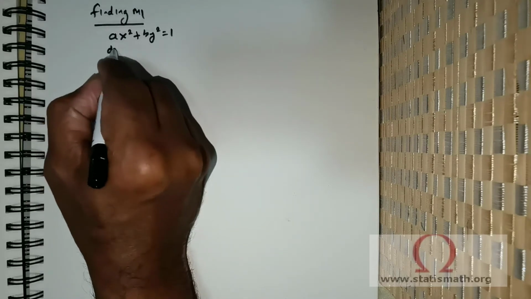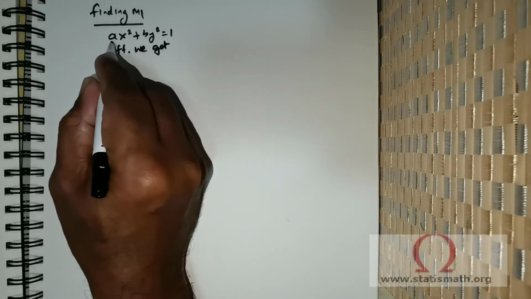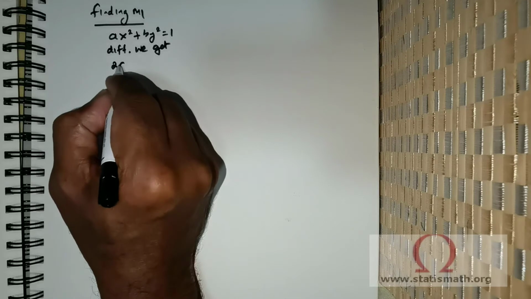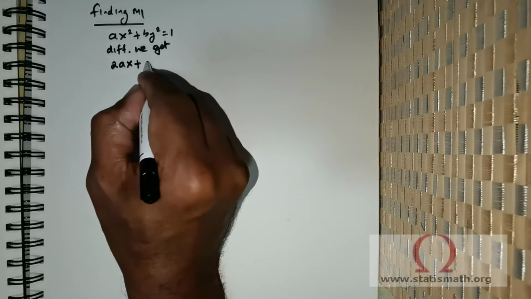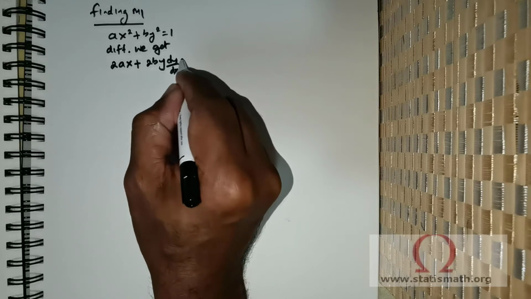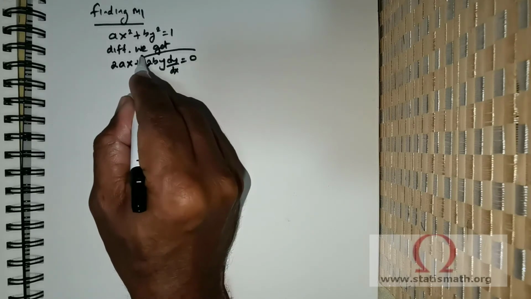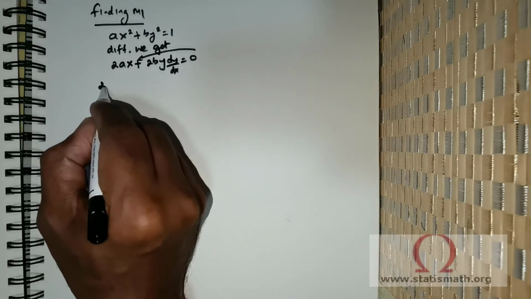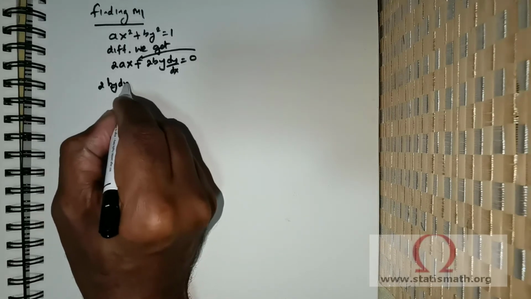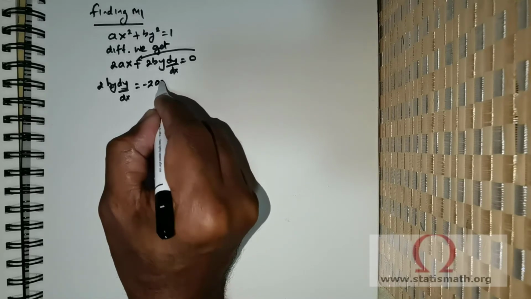Differentiating, what do we get when we differentiate ax²? It's going to be 2ax + 2by dy/dx = 0. I'm going to move 2ax to the right side. So 2by dy/dx is equal to −2ax.